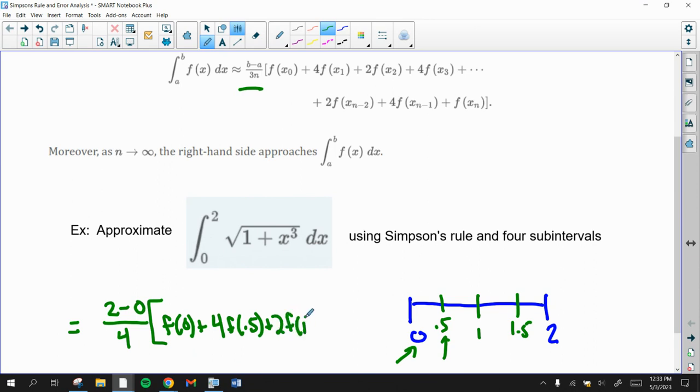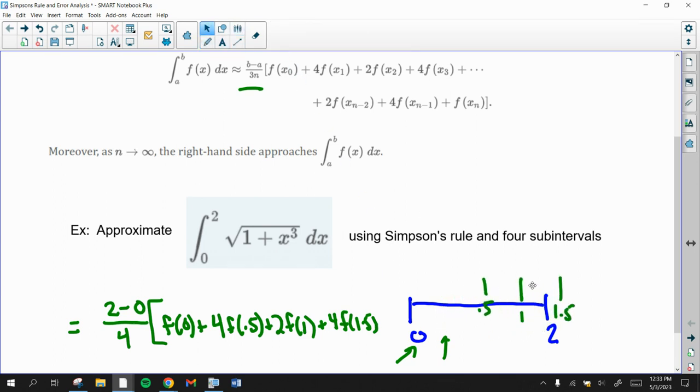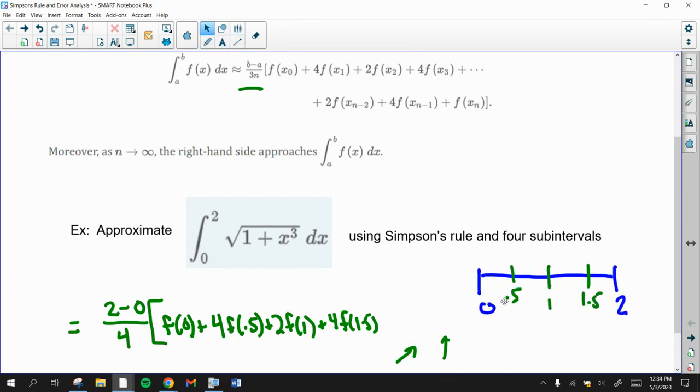So I'm just following these in order here. Plus 4 times f of 1.5. And then finally, when you get to the last one, that's just 1 times that. So let me move this out of the way. Bad planning as usual. So plus 1 times f of 2.